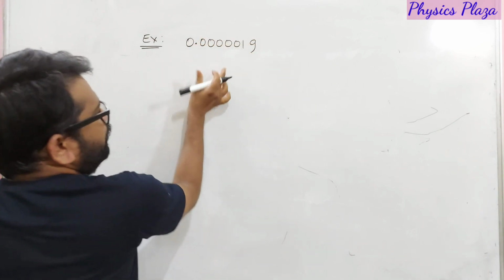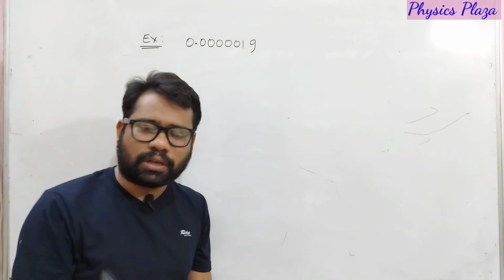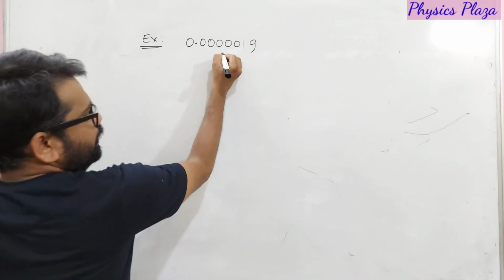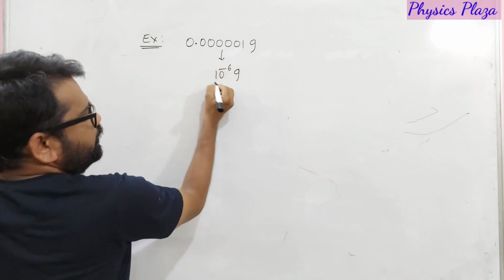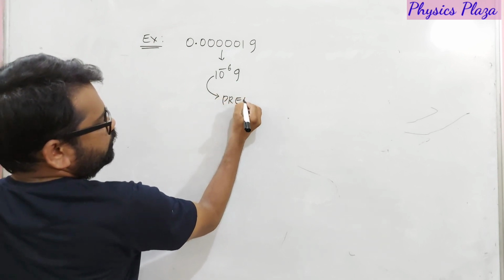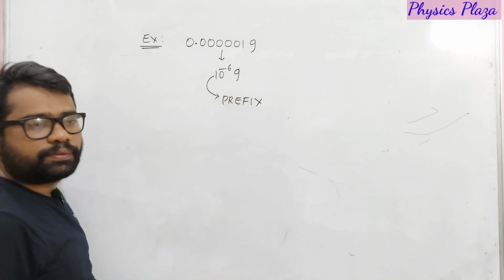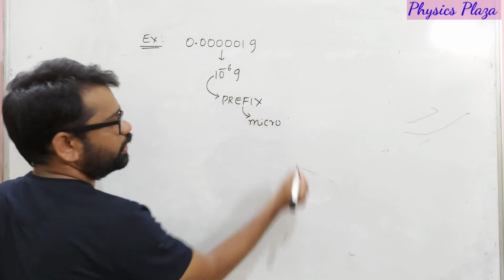But writing such a small number like 0.000 is not comfortable to us. So this can be written as 10 power minus 6 gram. This 10 power minus 6 we can call a prefix, actually micro.